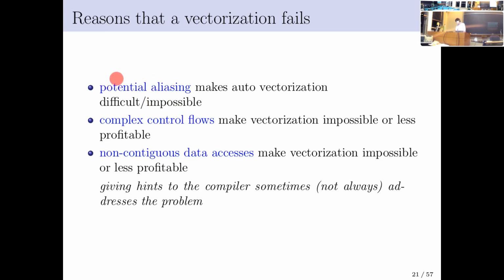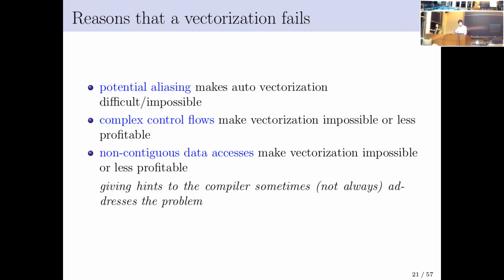Just to list a few, one is something called aliasing. If iterations are maybe accessing the same element and one of which is a write, then it may not be safe to execute multiple iterations at the same time. Unless the compiler is absolutely sure that this doesn't happen, auto-vectorization at least fails.